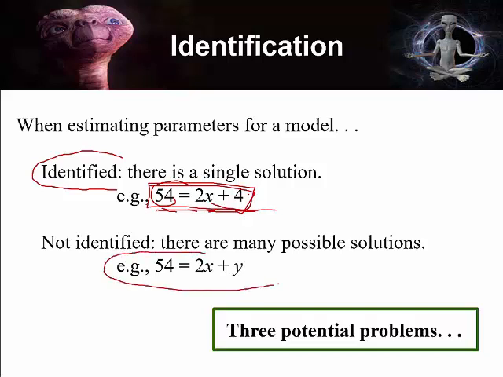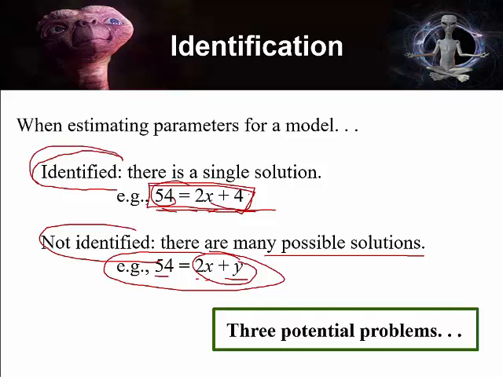This equation down below, if I say 54 is equal to 2x plus y, well, now there are many different possible solutions that could solve this that would make it correct. And so I'd say this equation at the bottom, because there are many possible solutions, is not identified. So that's another illustration of what I mean by identified. Identified is when there's one single solution to my problem, or to the formula or the model I'm trying to test. And not identified is when there are many possible solutions and they all produce equally good fit.